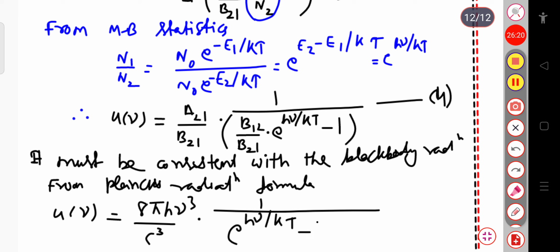This is Planck's radiation formula. Suppose this is equation 5.